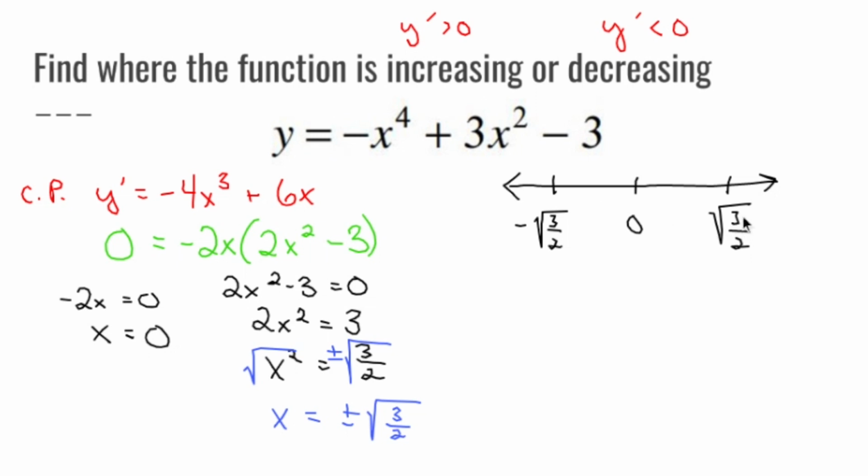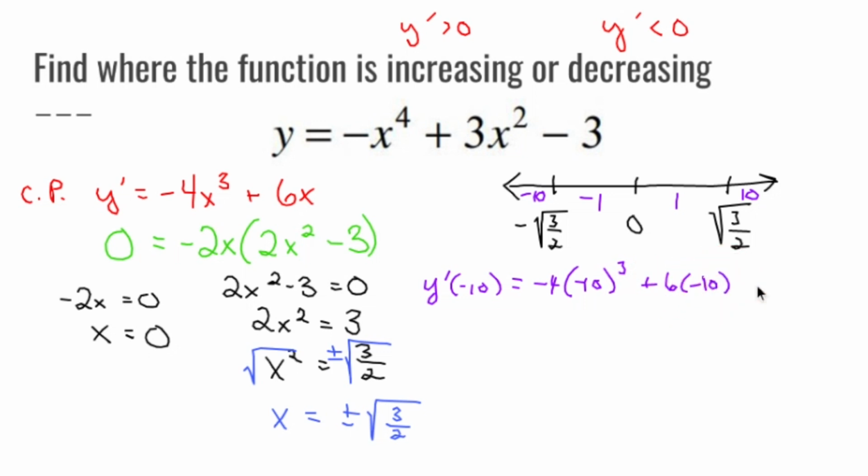So square root of 3 over 2 is like taking the square root of 1.5. So that's going to be bigger than 1, but not that big. So I can use 1 and negative 1 as potential numbers to plug in. I'll use 10 and negative 10, because why not exaggerate things? And I plug these into my derivative. All right, so let's start out with negative 10. So y prime of negative 10 is going to be negative 4 times negative 10 cubed plus 6 times negative 10.